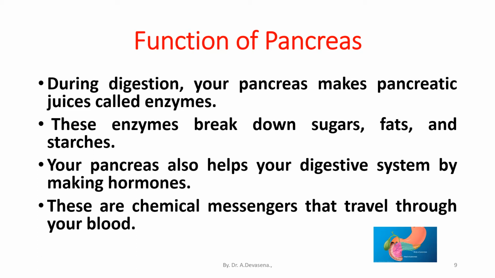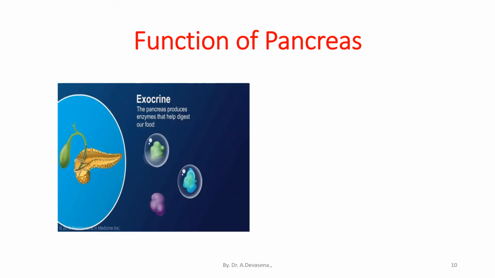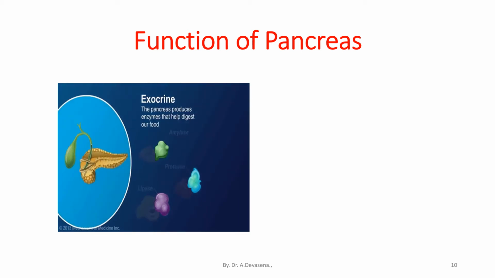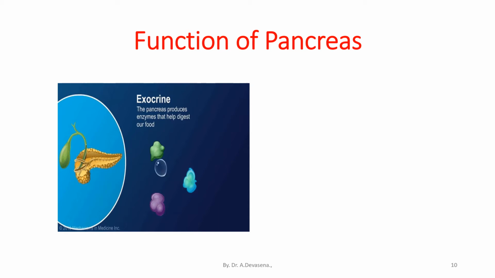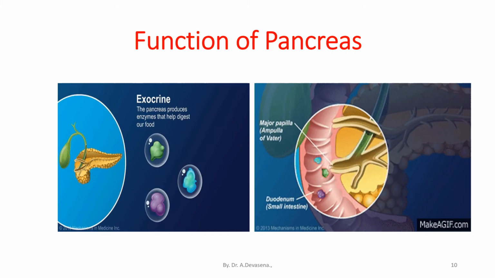These are chemical messages that travel through your blood. Representation of the function of pancreas. Exocrine: the pancreas produces enzymes that help digest our food. Another representation of the pancreas function.